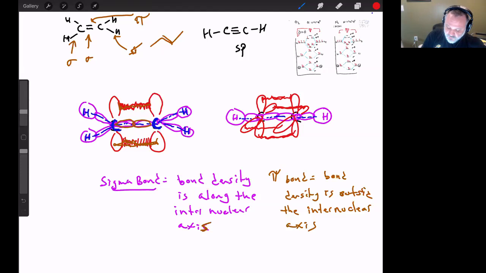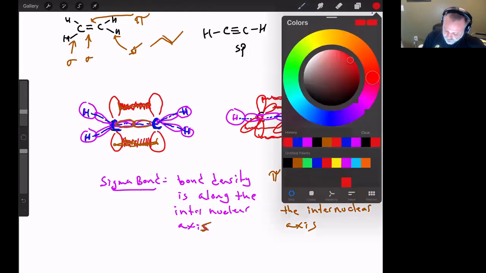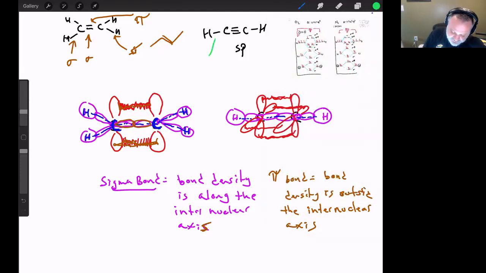So what does that mean over here in this other molecule? Well, I still have any single bond. Those are sigma bonds. But what happens with this multiple bond? Well, just like before, one of them is sigma, but now I have two pi bonds. So how did it work out? Let me review this.